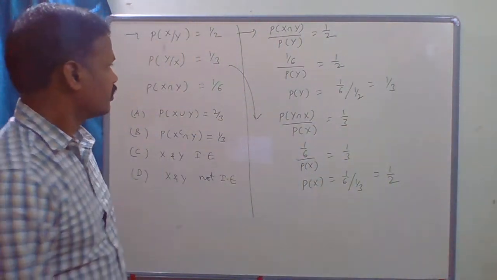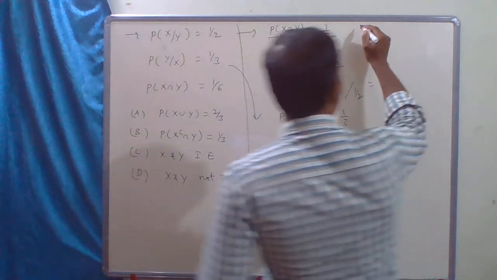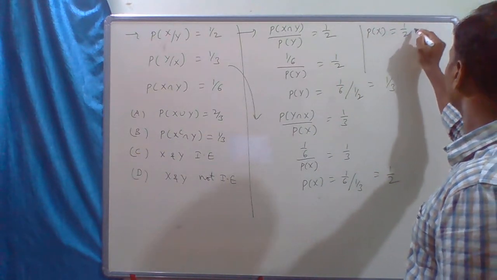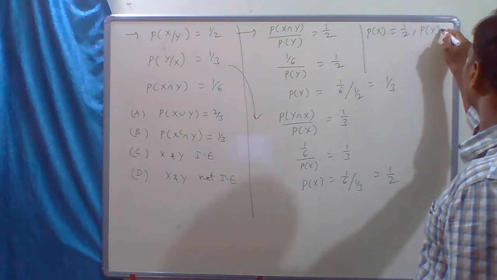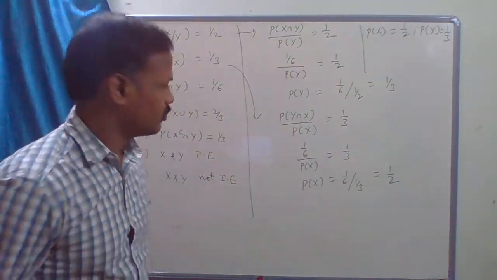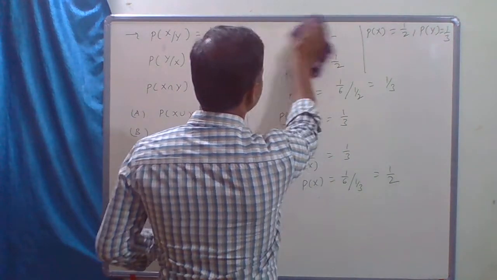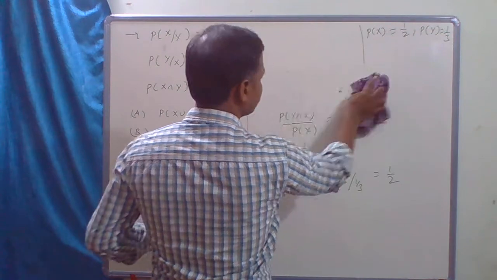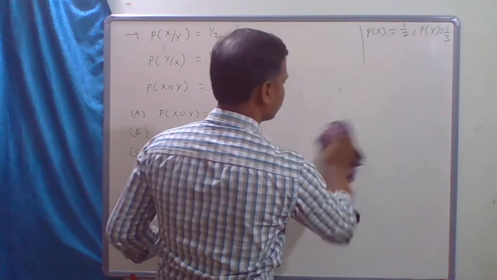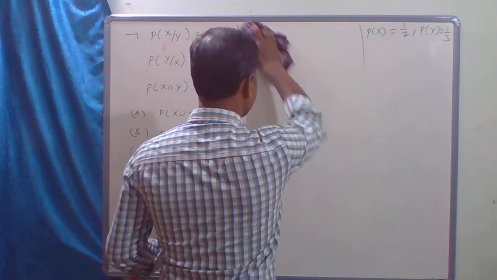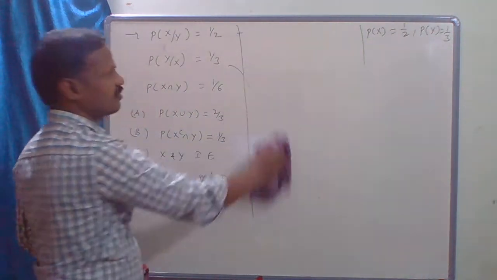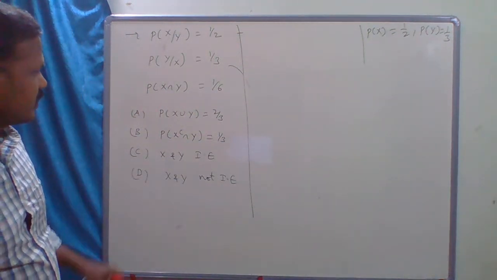So we get probability of x equals 1 by 2 and probability of y equals 1 by 3. Okay? Fine. Now we will check these options.